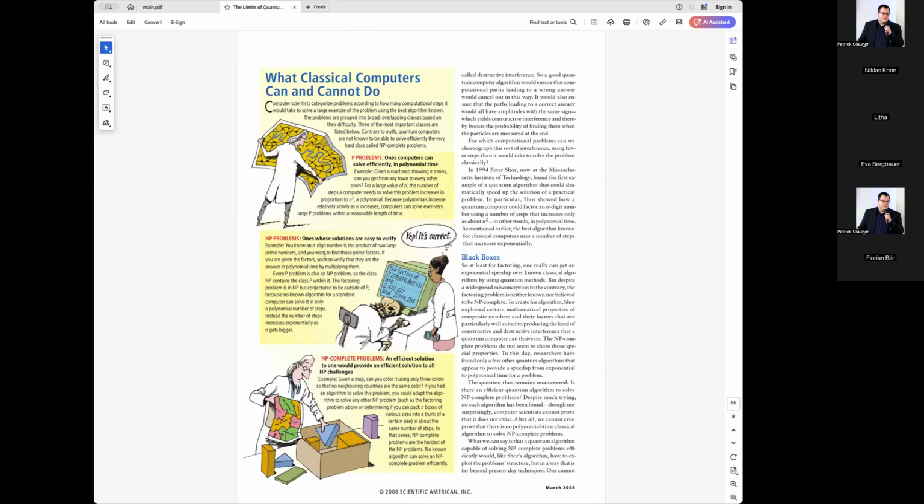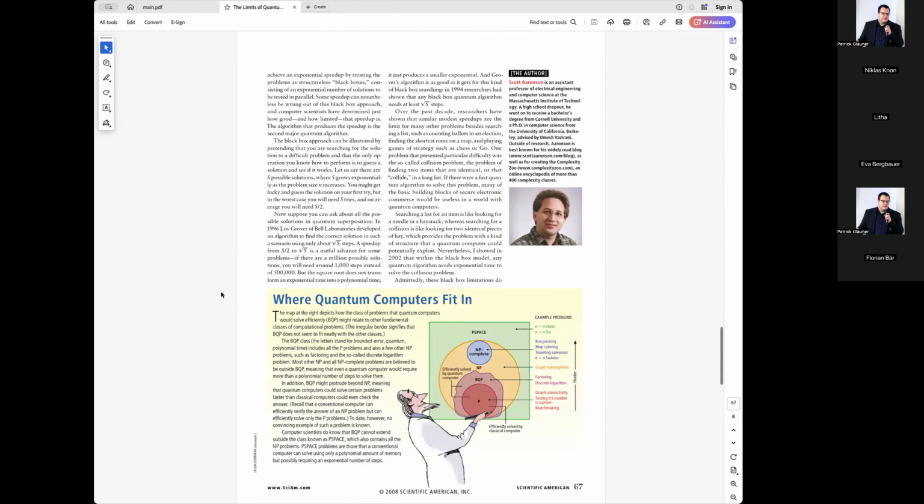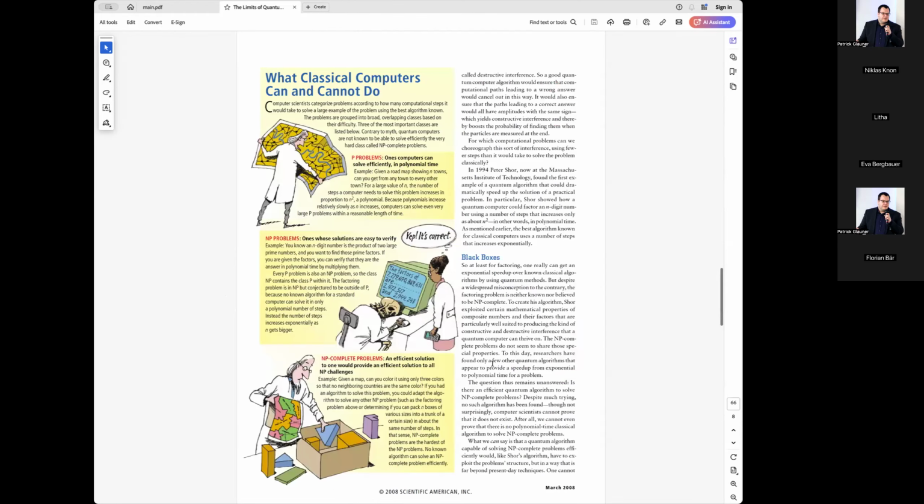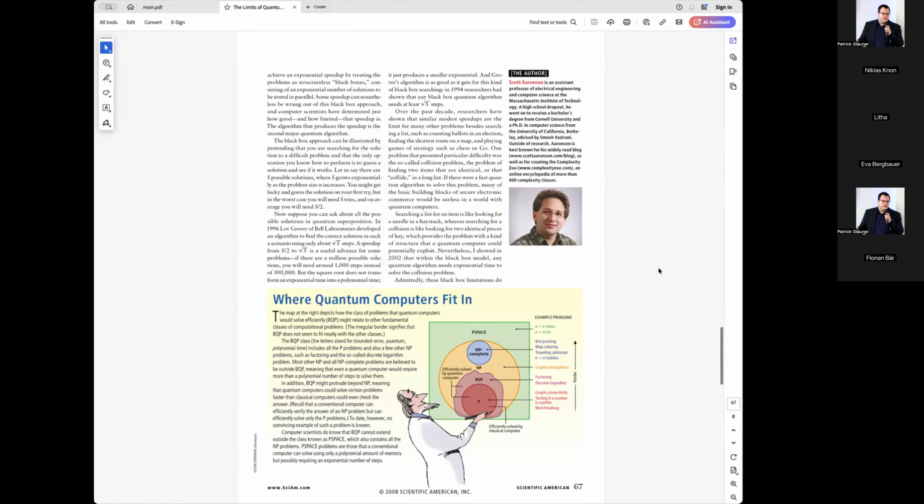There are also some examples of what a classical computer can do and what it cannot do efficiently. So the P problems we've looked at, the NP problems, the NP complete problems, just with a few more examples and a few more sentences. Then the essay addresses black boxes, so black box search, and introduces the Grover algorithm.